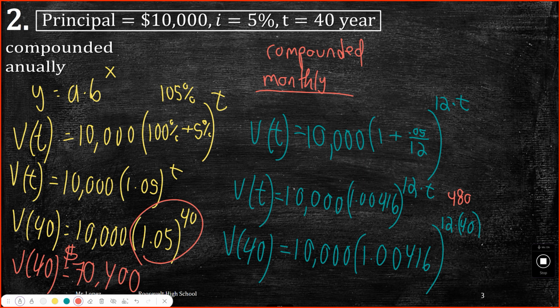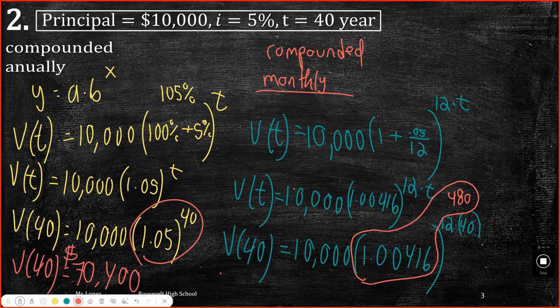So now this is what we're going to do again. You're going to input this in a calculator. You could go ahead and do 1.0041666, as many times as you want, to the power of 480 times 10,000. How much money do you have?